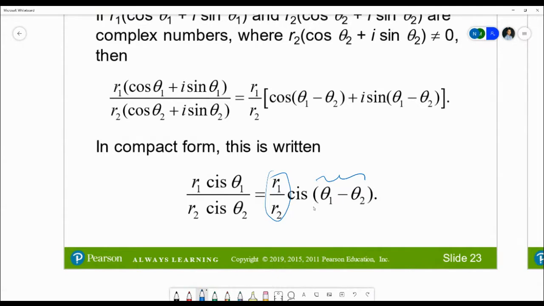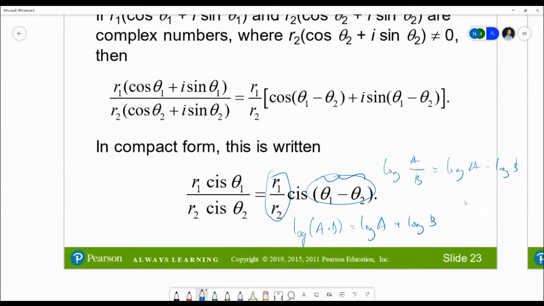Yes, log of a times b is log of a plus log of b. And when we have log a divided by b, we have log a minus log b. So kind of similar, but not exactly.